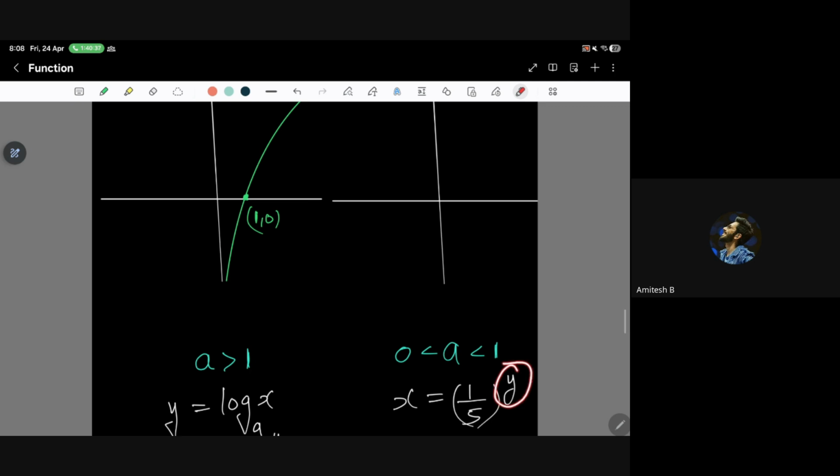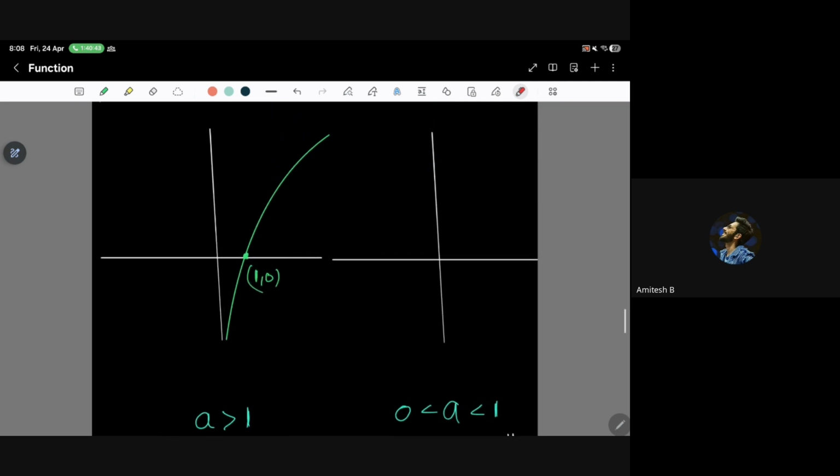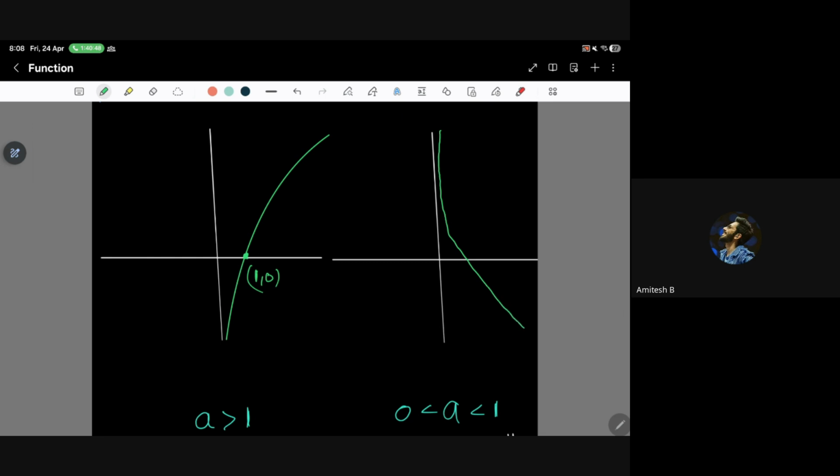When y is plus infinity, 1 upon 5 to the power infinity means it is very near to 0. So we start the graph from here. So this point is the same again, (1, 0). But now the graph is a decreasing one.